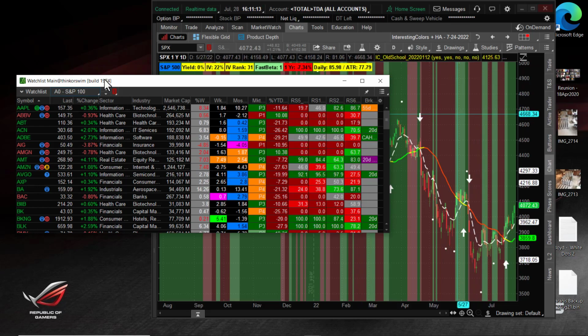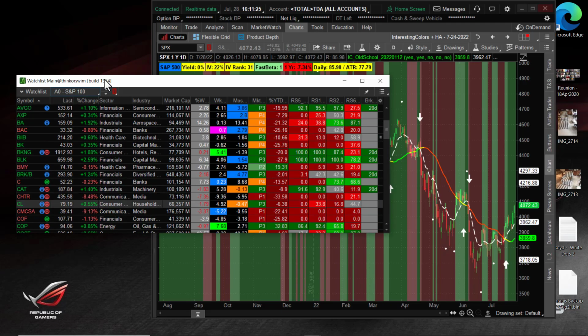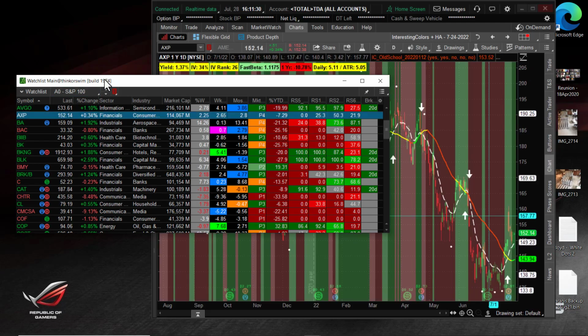So if we're looking for a white dot, it means we're going to be looking for a blue background color. Pretty simple. If you find a blue background color, it's going to be a white dot. The question is, what kind of white dot is it going to be? If it's black characters, it's going to be a white dot that's signifying a bullish reversal to the upside.